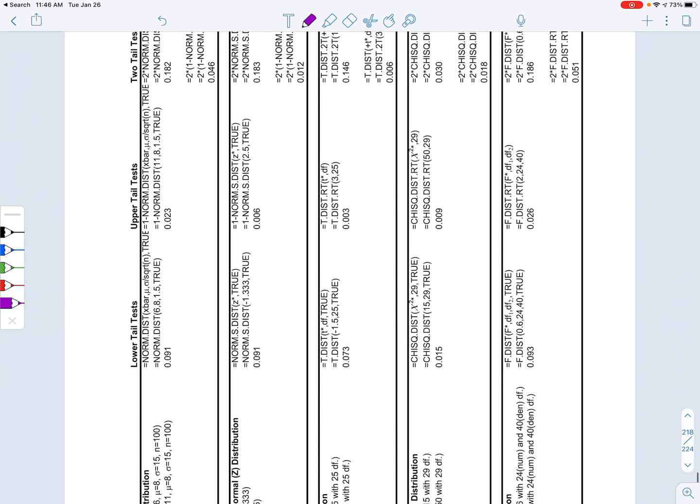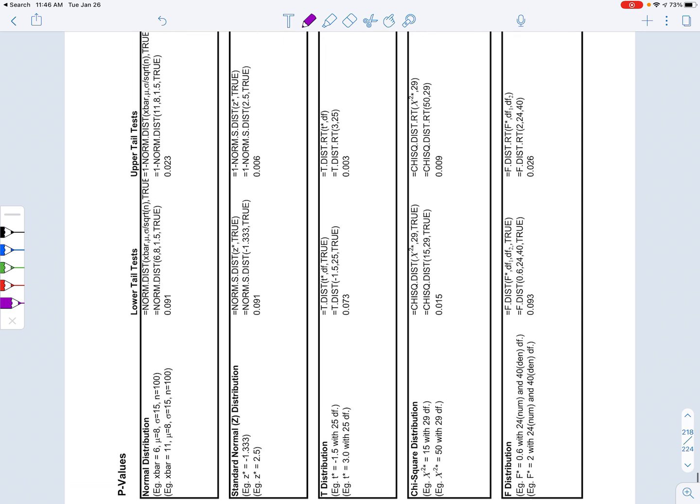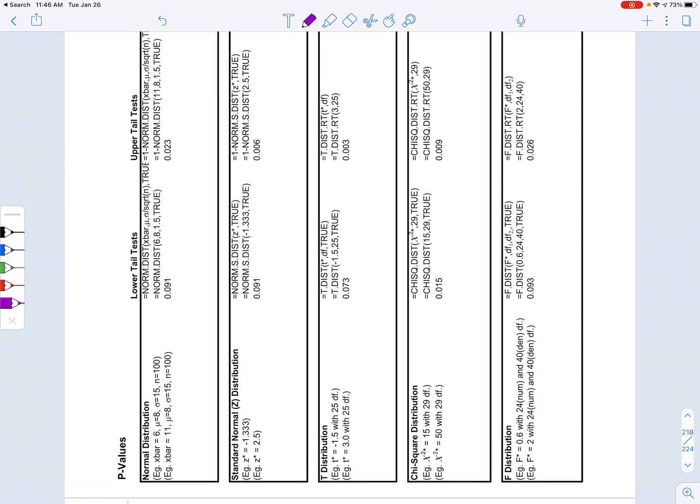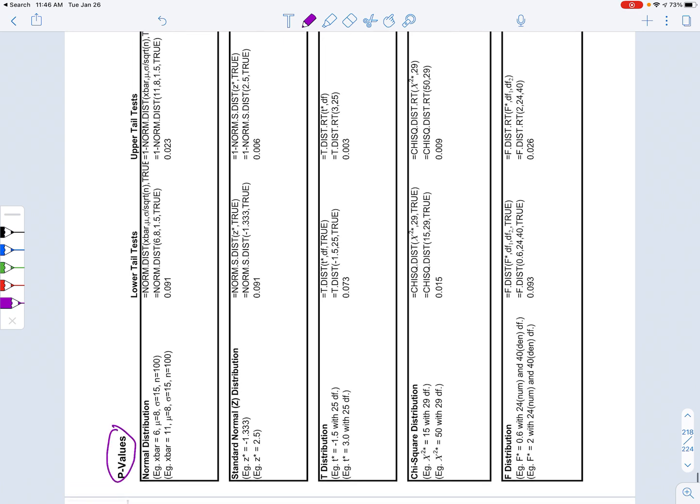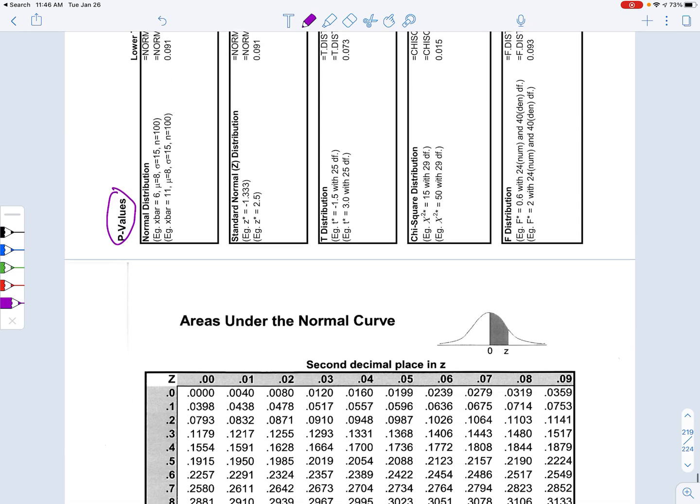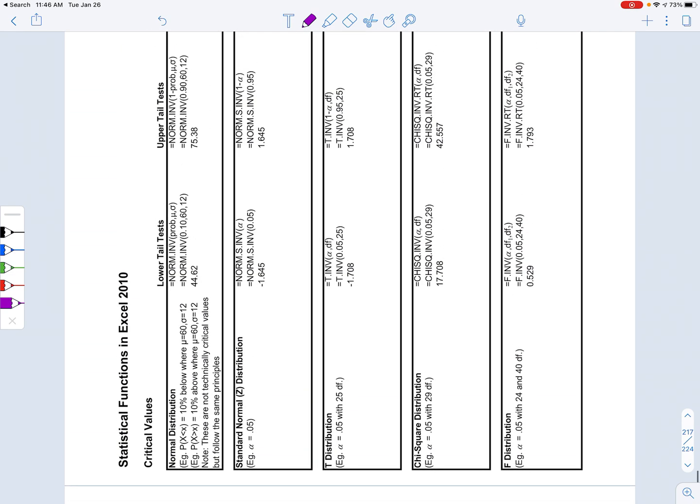What I want you to note here is a couple of things. We're really dealing with p-values here. Sorry, we're talking about critical values, that's better, where you're given an area, like an alpha, and then you're trying to find out what is the equivalent chi-square value.